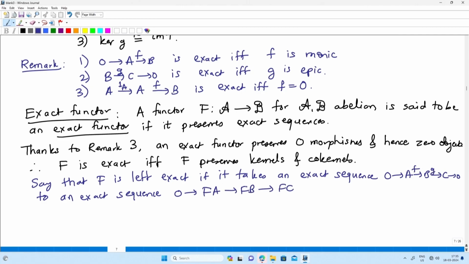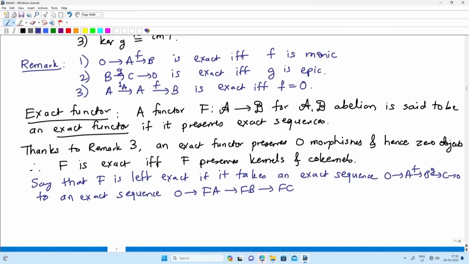We do not ask for the last 0. That is left exact. So left exact always preserves kernels and right exact preserves co-kernels. So it's like half of the definition. A functor is exact if it is both lex and rex. Left exact is usually abbreviated as lex.